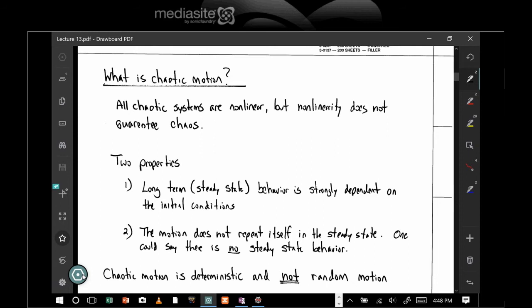If I give it slightly different conditions, it will exhibit a different chaotic motion. But if I give the same initial conditions at one time and then do it another time, I won't get different motion. It's not random motion. So that's really important. Chaotic motion is deterministic, it's not random.